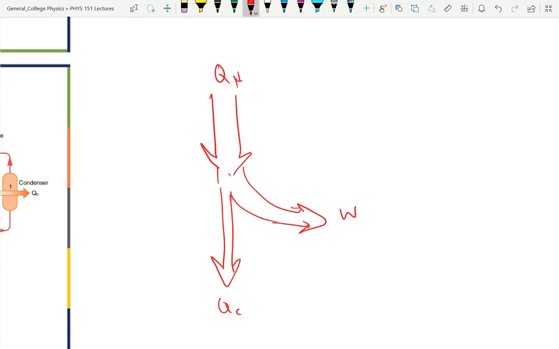We try to draw these accurately so the size of this plus the size of this equals this, because we have the relationship that says Q hot minus Q cold equals work. And so the size of this is equal to the sum of the sizes of those two. So we try to draw pictures to illustrate that.